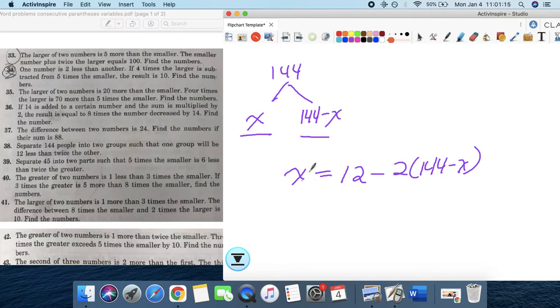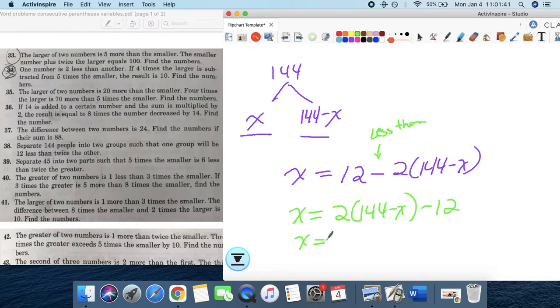So one group, this group, equals 12 less than twice the other. So the only arrangement we have to make is that less than, right? Because this is less than, we just have to switch. And there's your switch. And that's my equation.